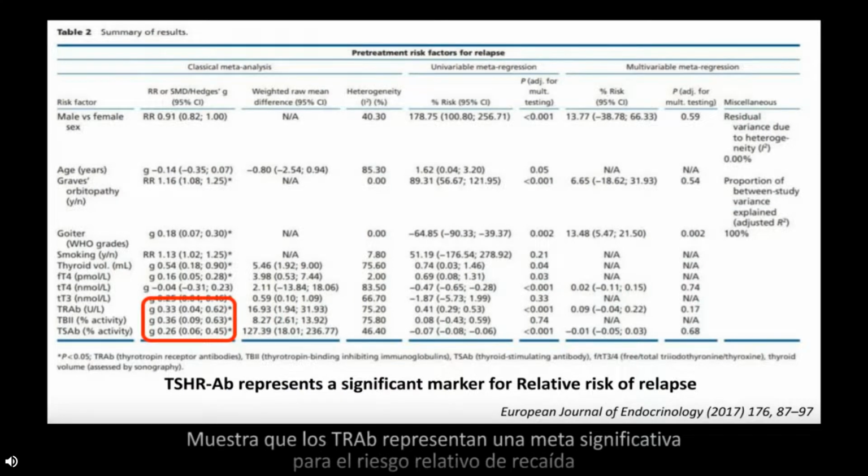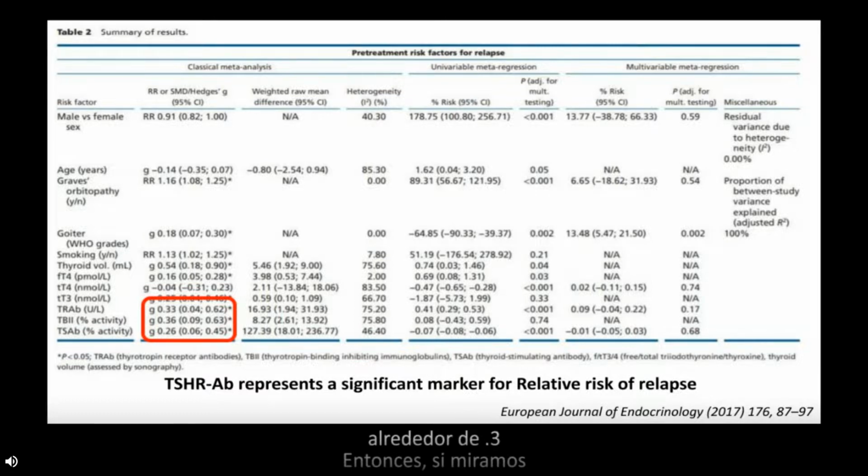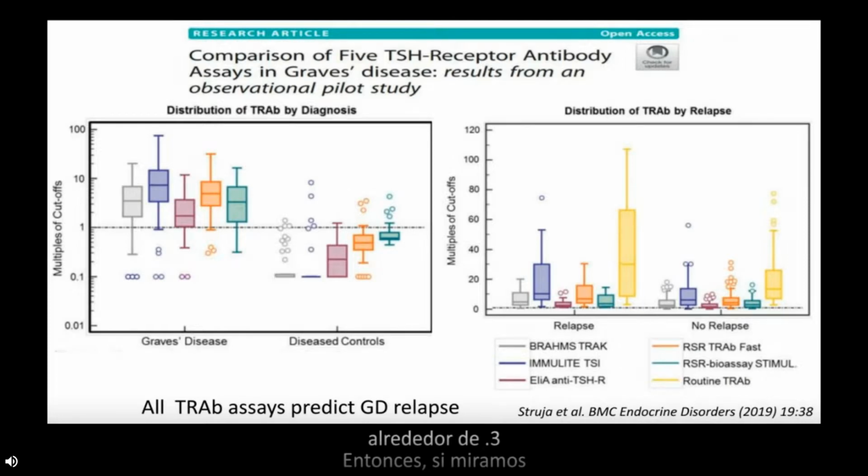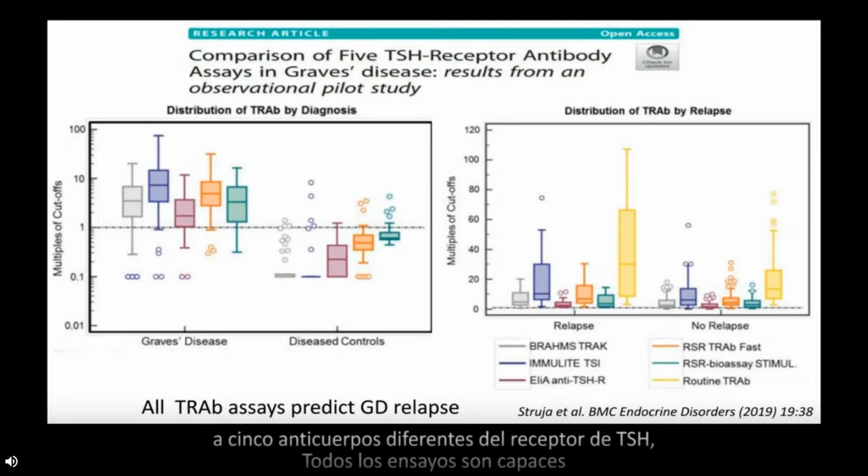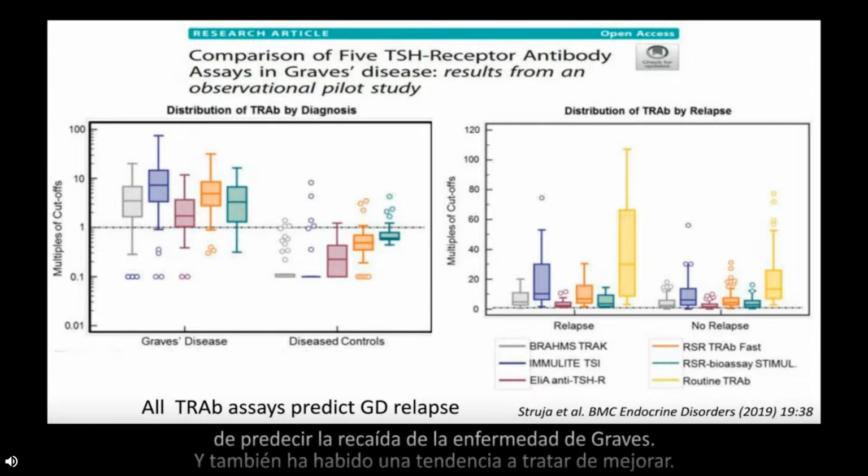It shows that the TRABs represent a significant marker for relative risk of relapse, at about 0.3. And then if we look at 5 different TSH receptor antibodies, all assays are capable of predicting the relapse of Graves' disease.